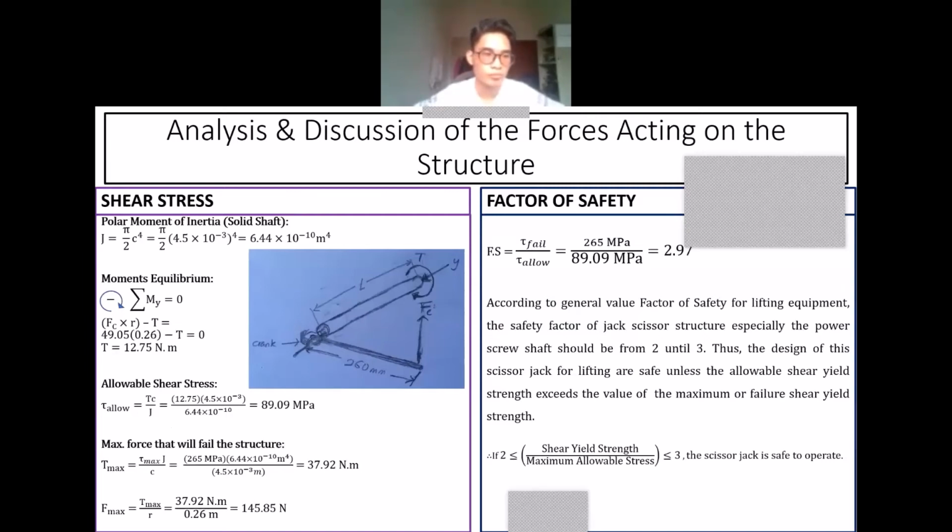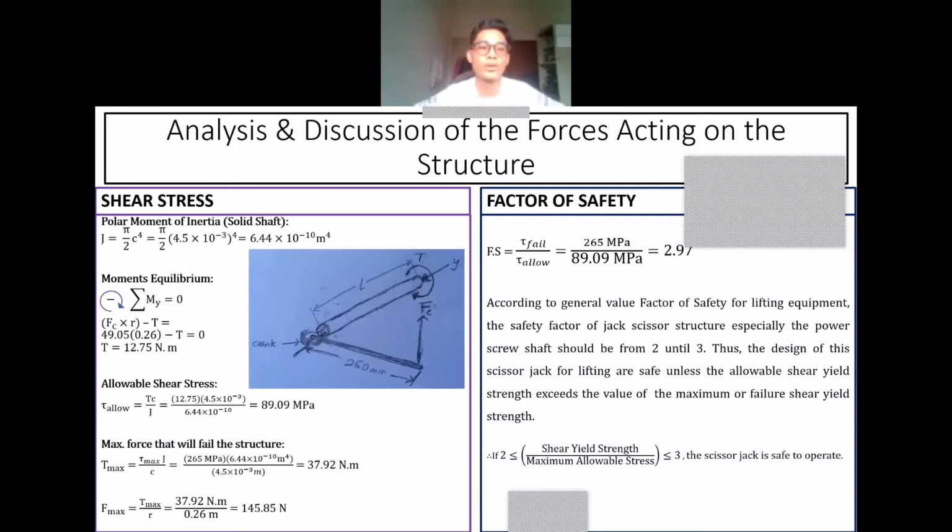The polar moment of inertia is equal to pi over 2 times c to the power of 4, which is equal to pi over 2 times 4.5 times 10 to the power of minus 3, to the power of 4, which is equal to 6.44 times 10 to the power of negative 10 meter to the power 4.